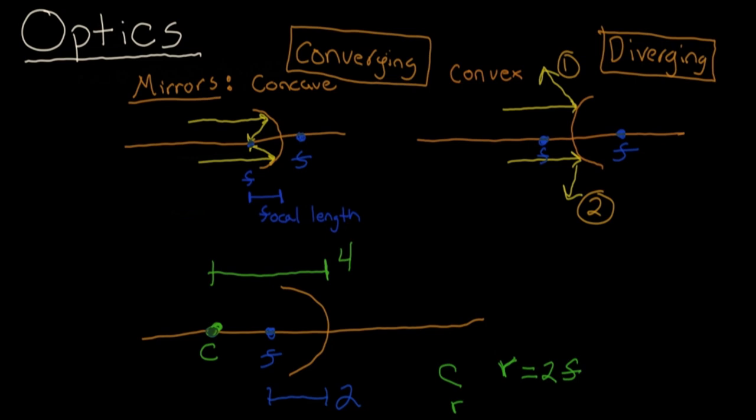It's double the focal length. So yes, that's the basic understanding of mirrors and the two types of mirrors. Just knowing why a concave mirror is also a converging mirror and why a convex mirror is a diverging mirror is important because you know how those light rays will interact with those specific mirrors.